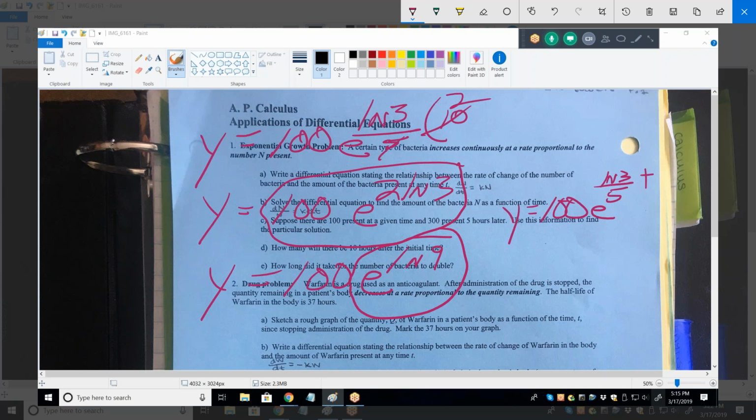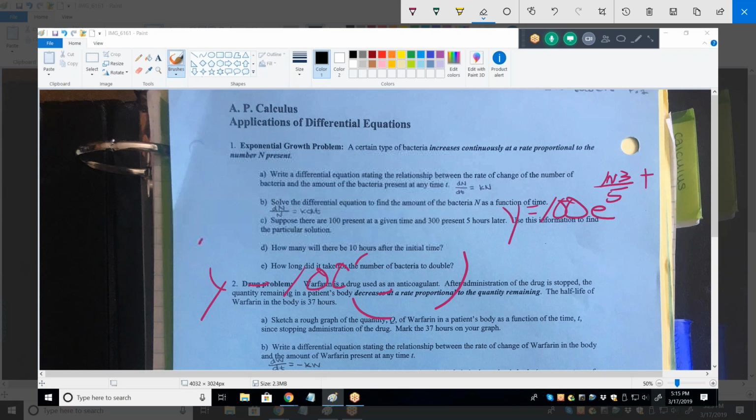So, let's see. We've got our equation. I don't think I need to erase that. Let me erase this. How long did it take for the number of bacteria to double? How do you do that?